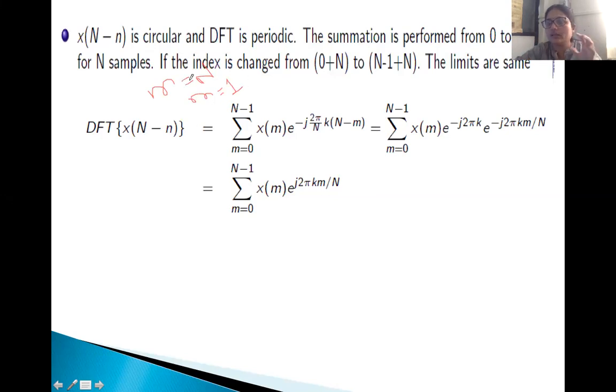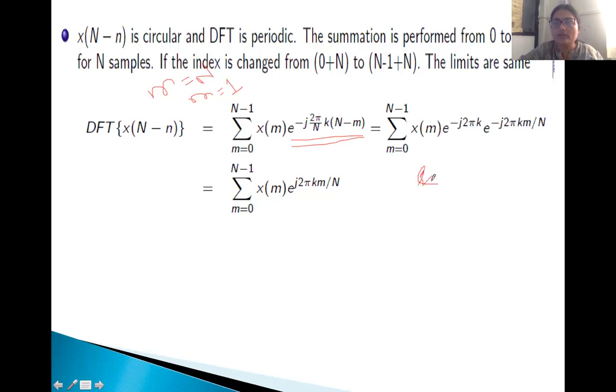So in order to fit into the structure, the index of m we have taken from 0 to N minus 1. Now this is x of m, e raised to minus j 2 pi k upon N times N minus m. So further what I did, I have expanded the exponential part. So N minus m, I'm writing here.